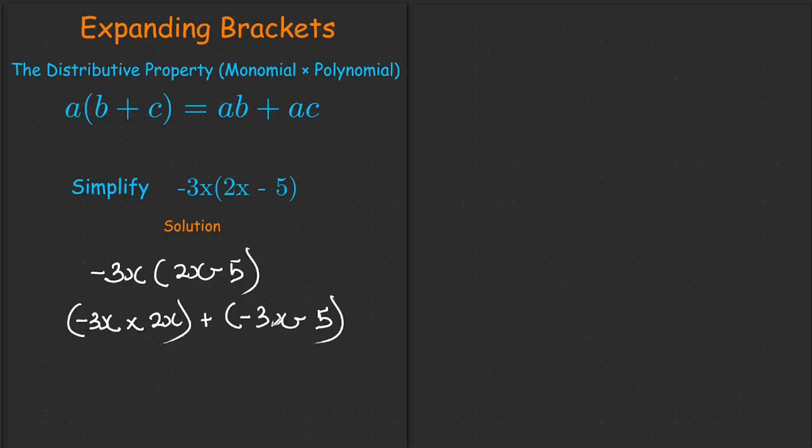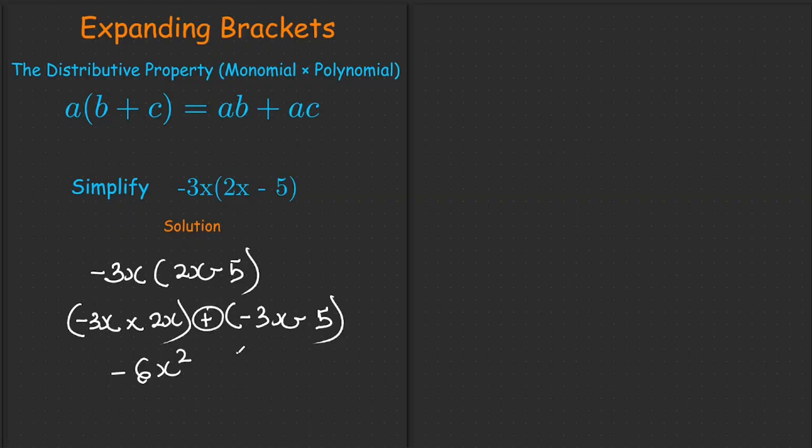If you do understand it, there is no need trying to separate, but because I'm explaining, that's why I want to write everything out so you understand. So you can just go straight forward and say your negative 3x times 2x will give you negative 3 times 2, giving us a negative 6. Then x times x gives us an x squared.